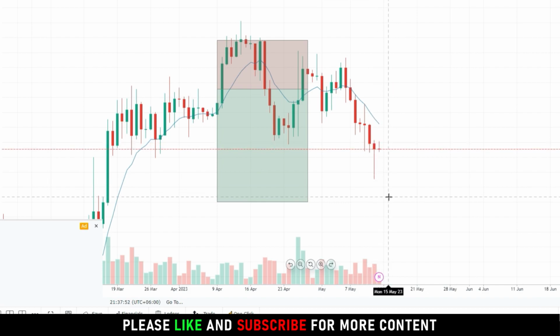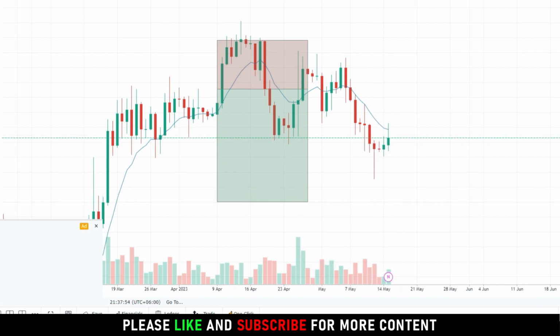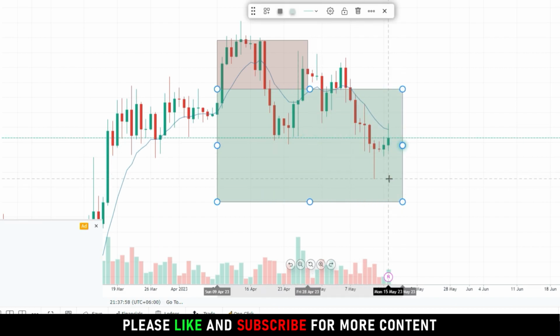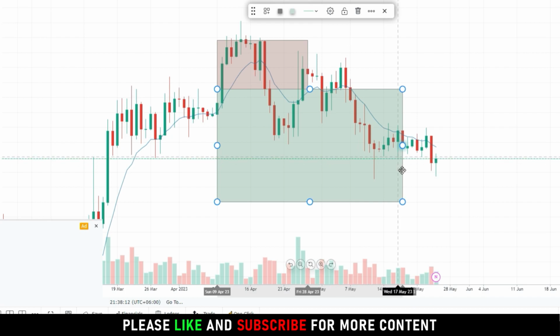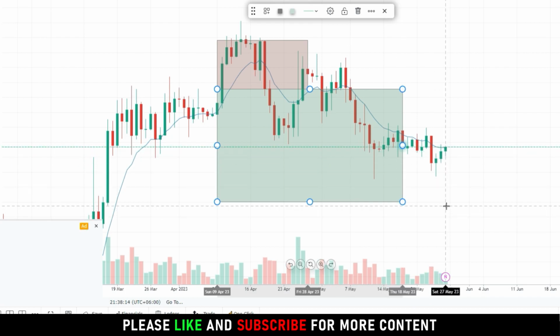As you can see, it is near the target area, but has not hit the target yet. Now let's see where it goes. Okay, it is still consolidating, but it has still not reached our target.